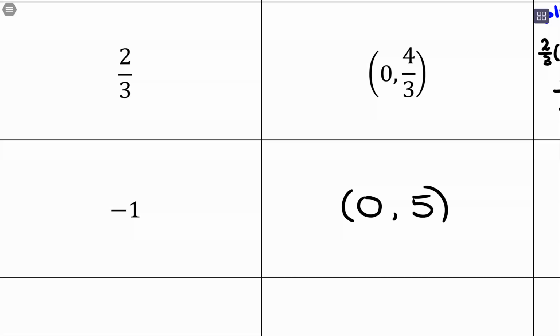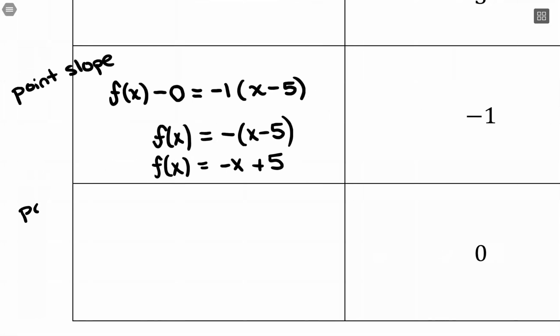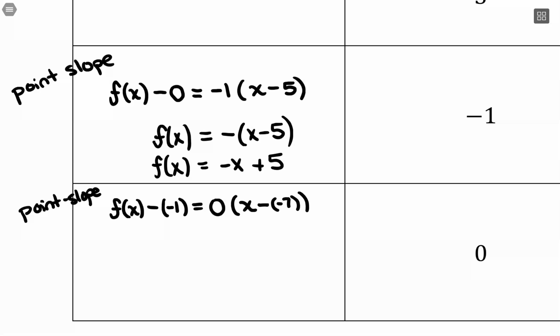Okay, this last one here, kind of the same idea as what we just did, in that I'm going to start with point-slope form, because I'm given a point and the slope. So we're going to have f of x minus, and the output is negative 1, I'm going to have negative 1 in parentheses there, equals, we have a slope of 0, it's kind of special, and then x minus, and then the negative 7 for the x coordinate.